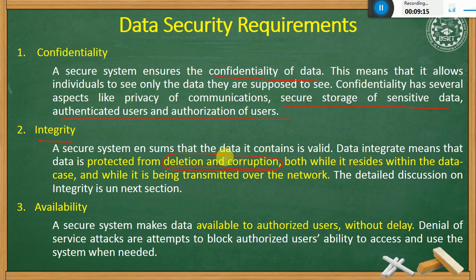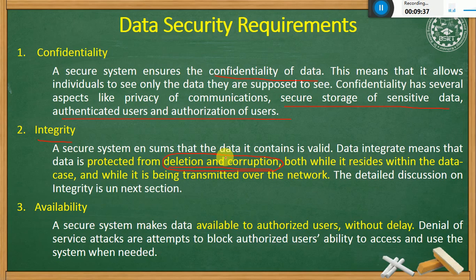I have already discussed that multiple copies of the same data can be accessed by multiple users, so data may be lost or corrupted because it exists in multiple forms. So security is required to avoid integrity loss of data.